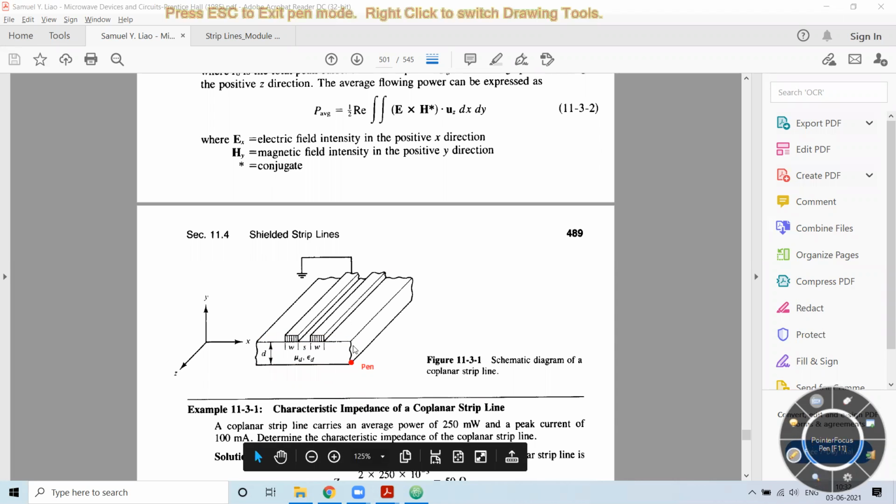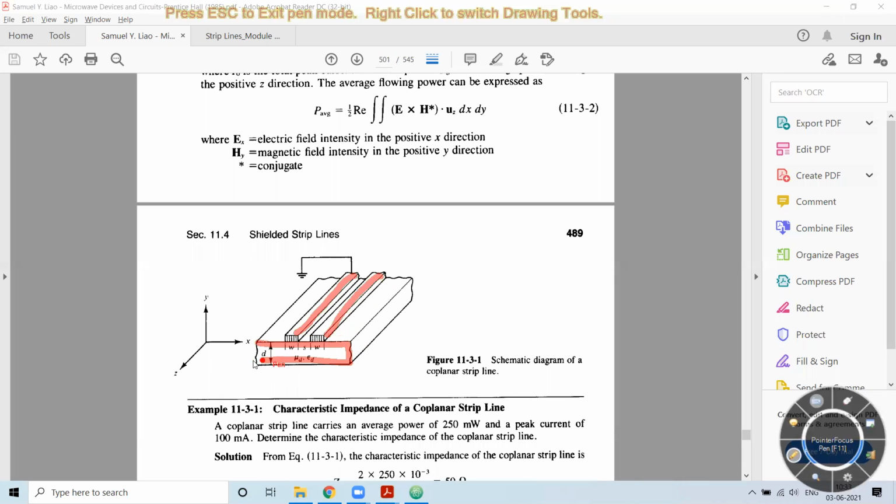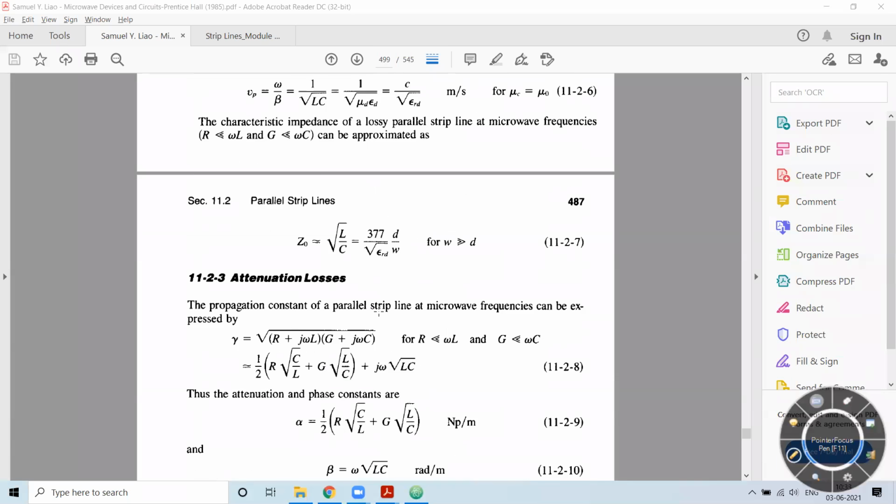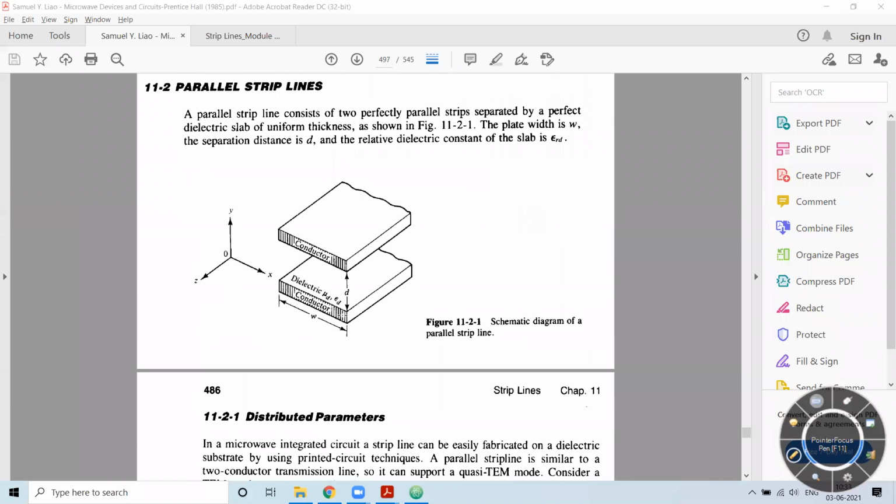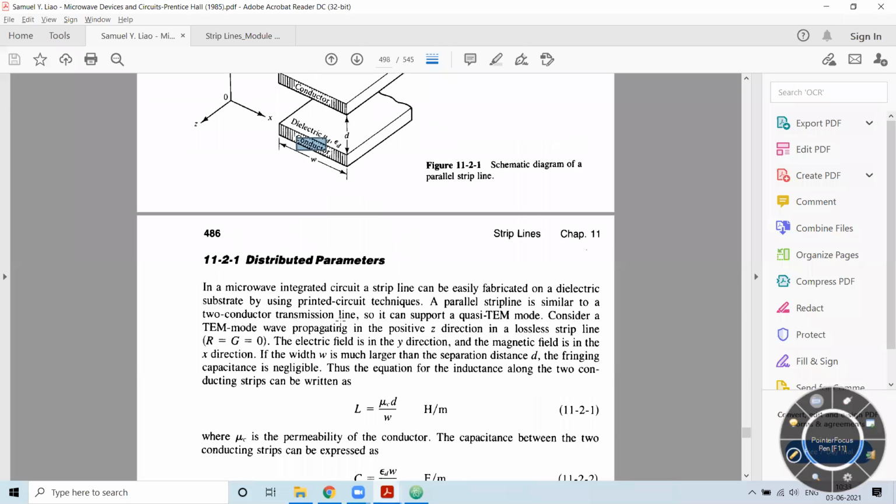Now in this case, you have two strip lines which are placed above the substrate, whereas in the parallel strip line, you have a dielectric material in between, and on one end you have one conductor, and on the other end you have the other conductor. This is the parallel strip line.